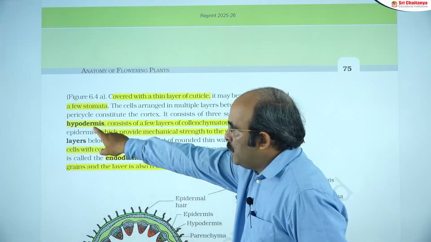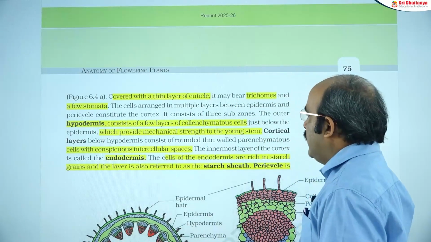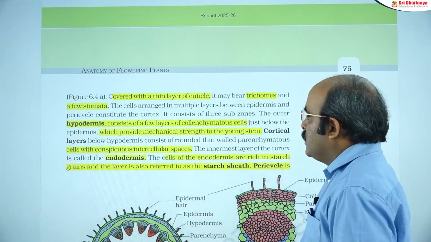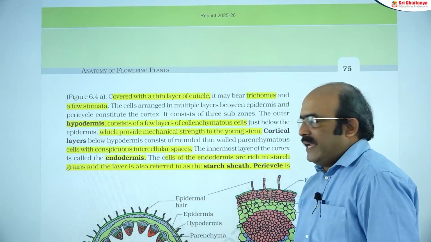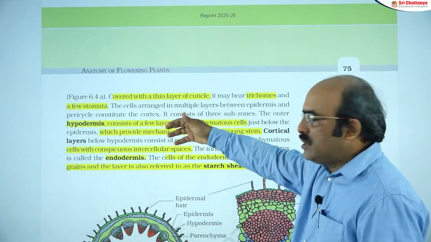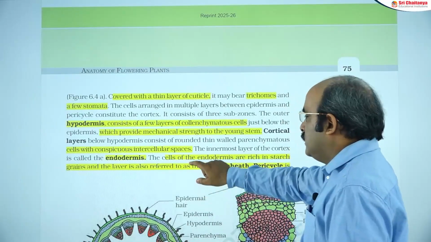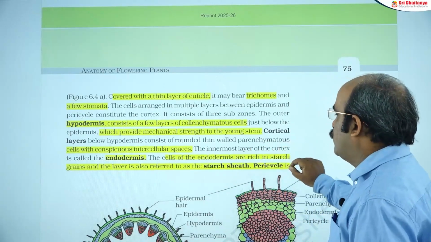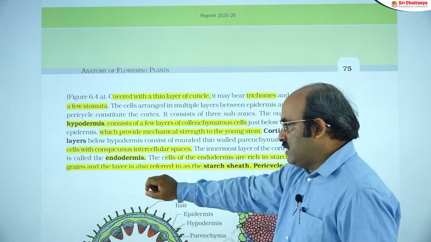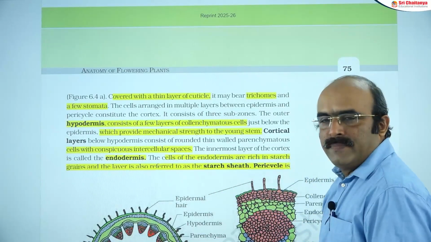The first layer below the epidermis is the hypodermis, and this hypodermis is made up of collenchymatous cells. So it provides mechanical strength to the young stem. Below this you have the general cortex, which is followed by the endodermis. The endodermal cells in the case of the dicot stem are rich in starch grains, so this layer is referred to as the starch sheath.